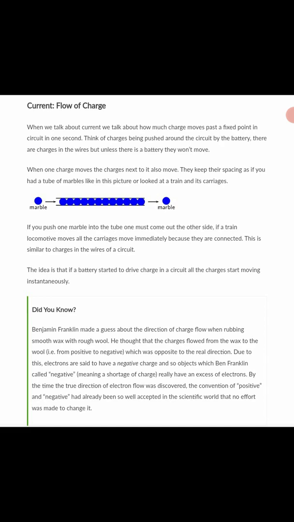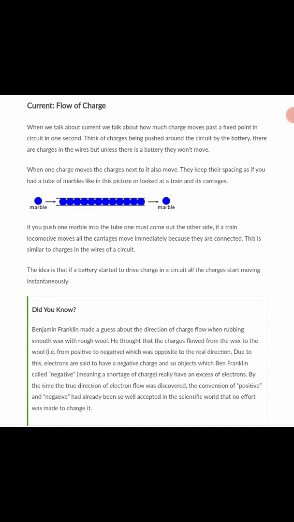Excess of electrons. That is why when someone says charges move from the positive side to the negative side, they'll say they're correct. Some say no, charges move from the negative side to the positive side. So we will now have a dispute. But conventionally, charges move from the positive side to the negative side.